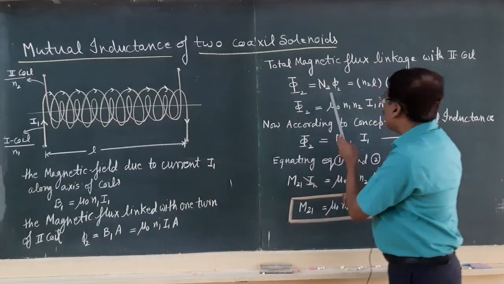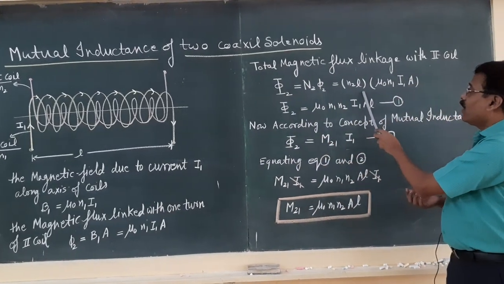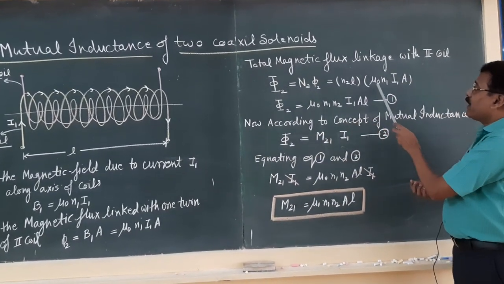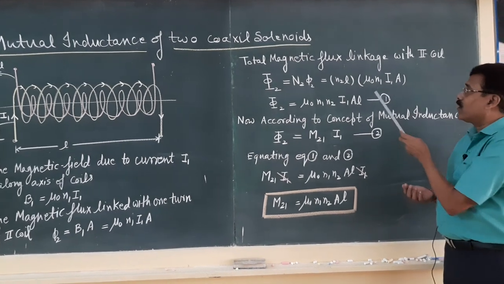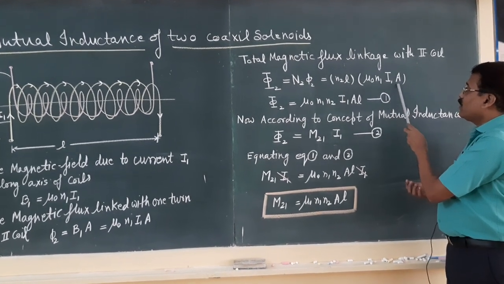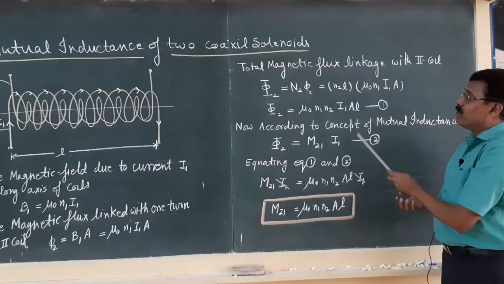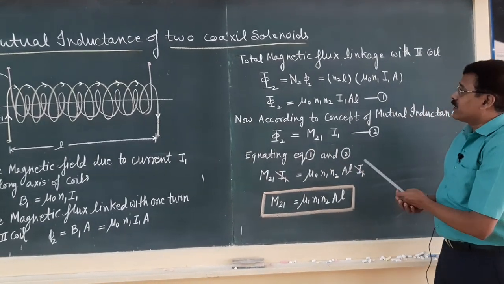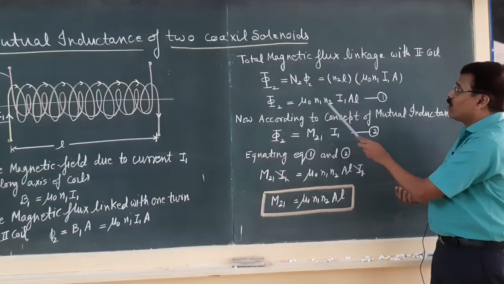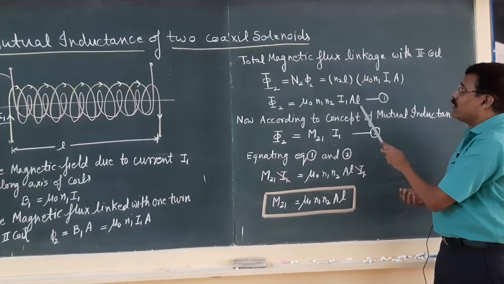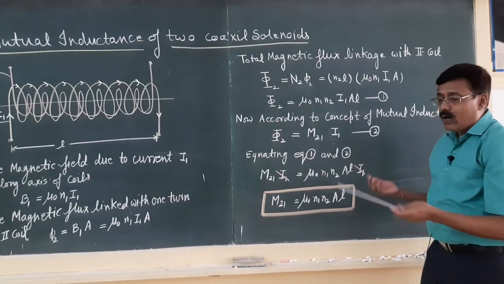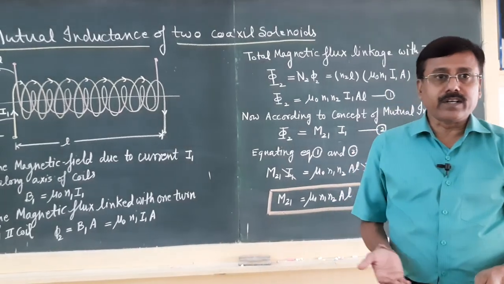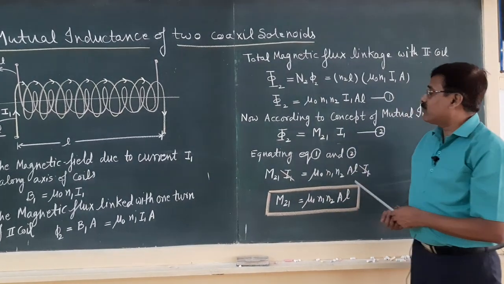So, the total number of turns will be N2 L, and phi 2 is the magnetic flux linked with one turn, that is mu 0 N1 I1 A. When you simplify, you will find the total magnetic flux linkage in the second coil will be mu 0 N1 N2 I1 A L.